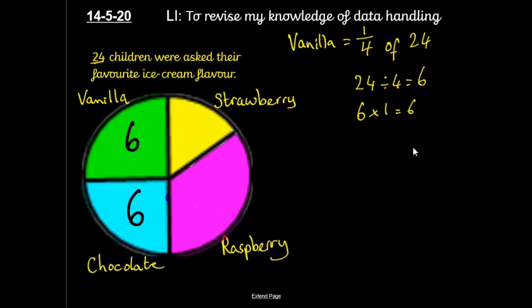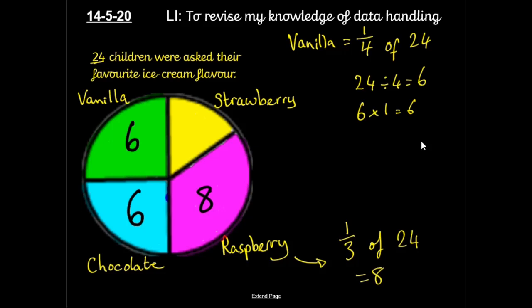Well, let's look at raspberry there. Raspberry, looking at that, is approximately, okay, about 1/3. 1/3 of 24. So 24 divided by 3 times by 1 is going to be 8. Okay then. So 8 children prefer raspberry. Now there's 2 ways you could do this. You could look at that and go, okay, well, that's about 1/6.